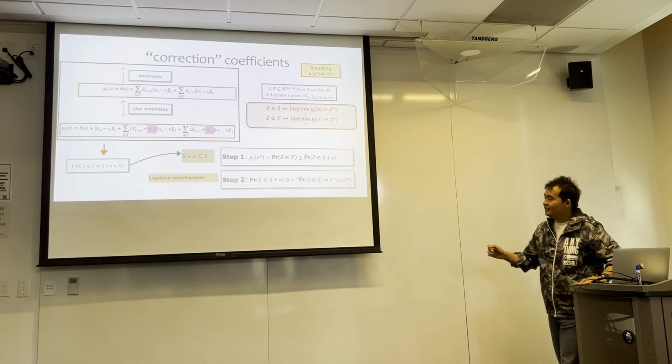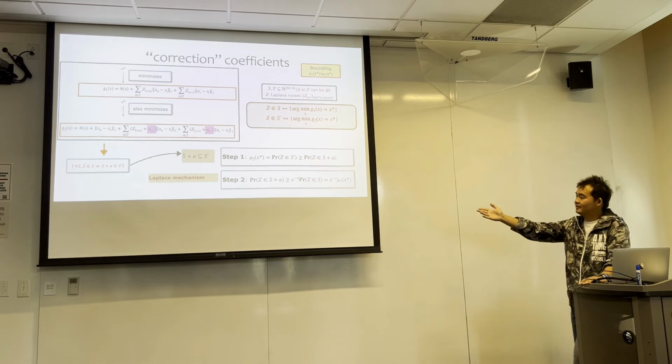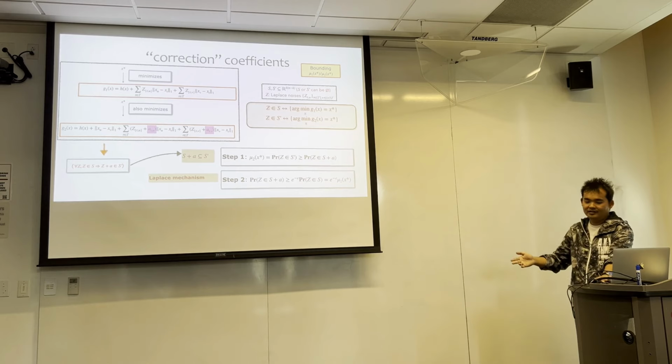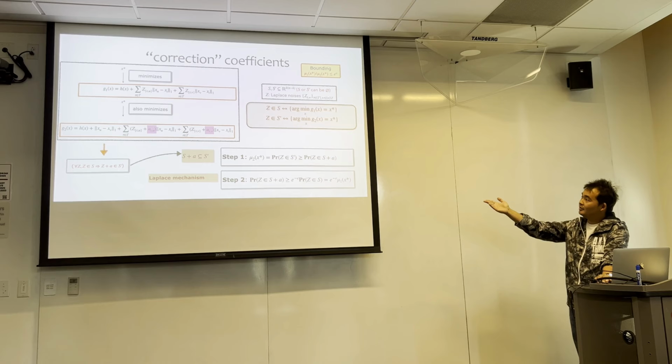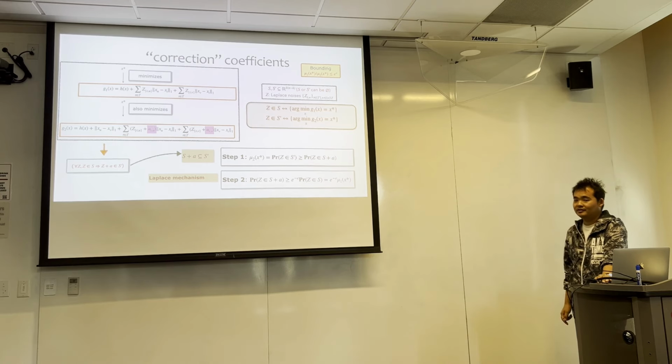If I combine the two steps, it gives the upper bound of mu1 X star over mu2 X star, which is upper bounded by e to the power of epsilon.